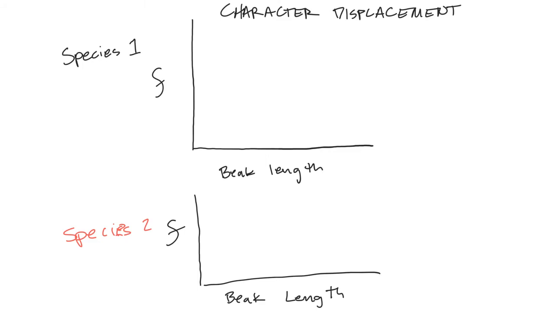Okay, adaptive radiation can act with character displacement to further isolate speciation mechanisms. Character displacement is also demonstrated in these Galapagos finches in their beak length. If we're looking at frequency, that's the F on the left here, and differences in beak length.